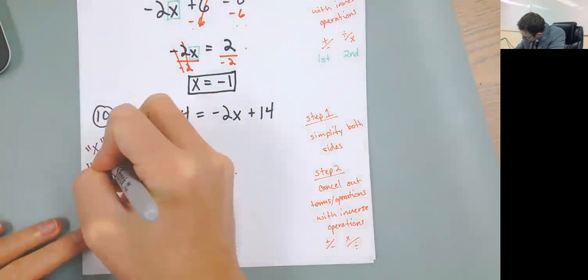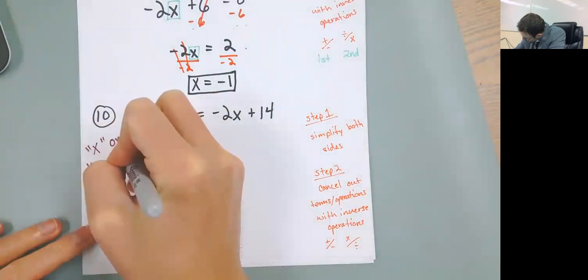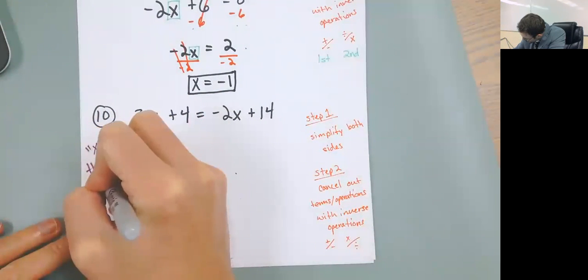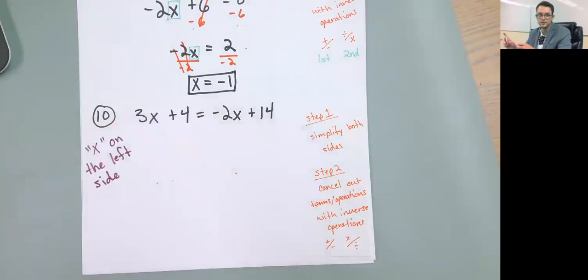X on left side. All right, x on the left side. So let's do that. So if I want to get x on the left side, well, actually, step one first.